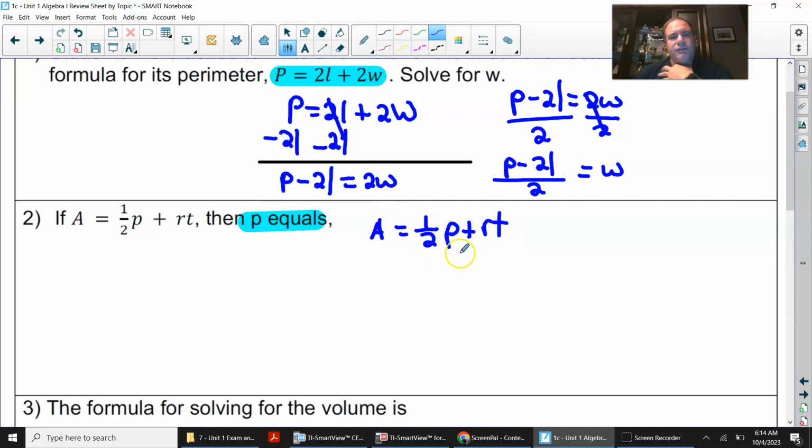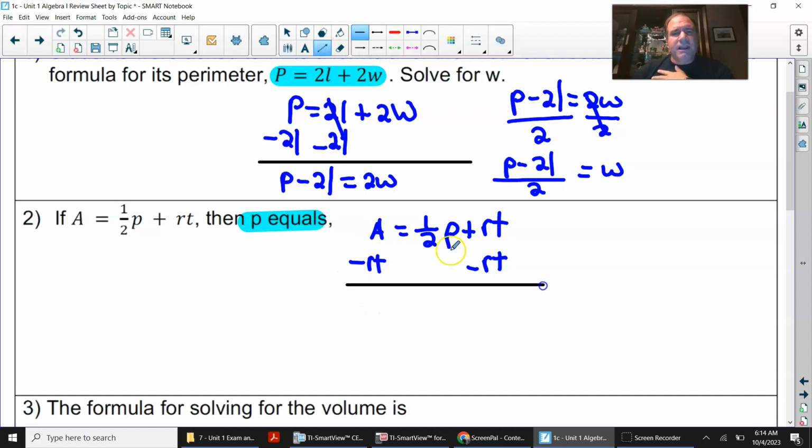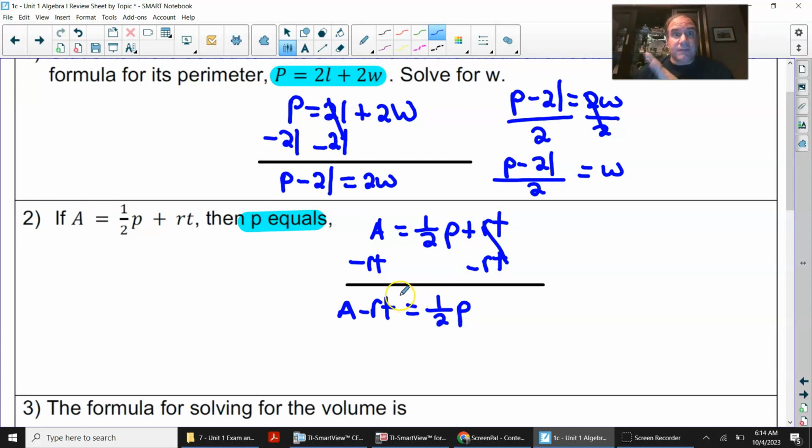First thing you want to do is look on the right side. I don't want to deal with the half and the P first at all. I'll deal with that last. So I'm going to subtract RT from both sides. Once I subtract RT from both sides, this cancels. You get A minus RT equals a half P. Do not divide, right?